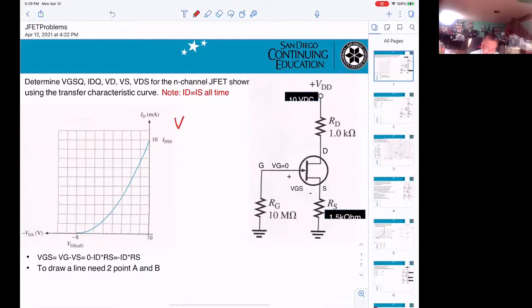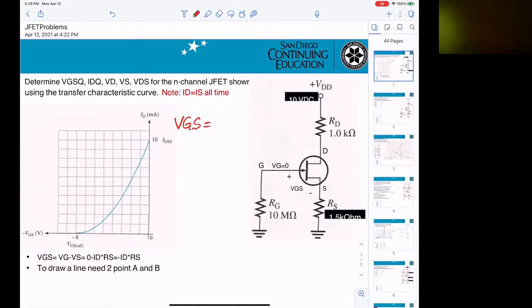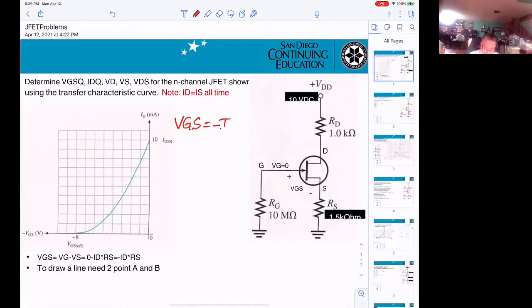Okay, anyway, I go through it. You get VGS equal minus ID times RS. If you're reading right here, you see that VGS equals VG minus VS. VG is 0, minus VS means ID times IS.